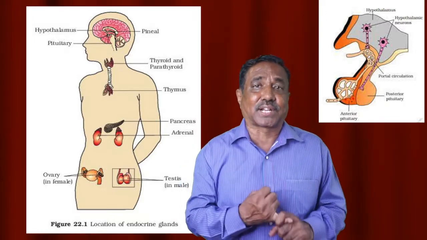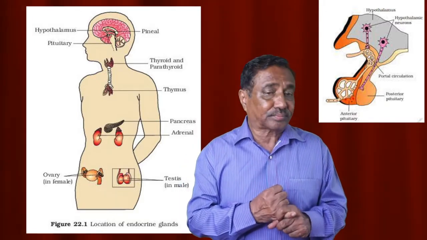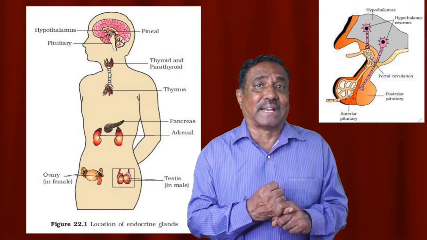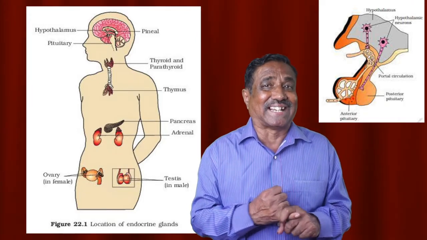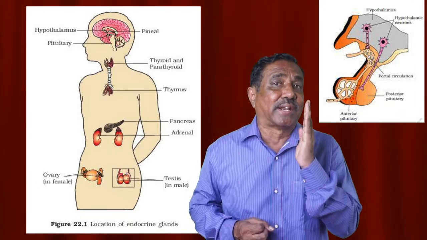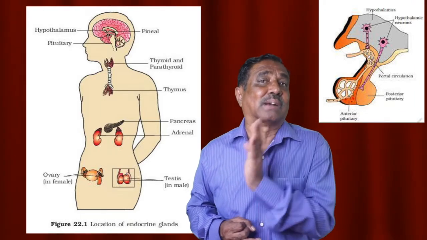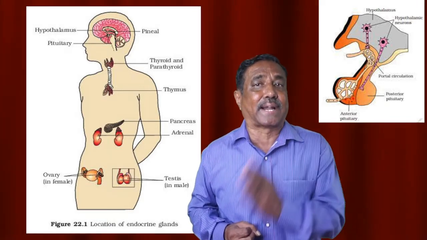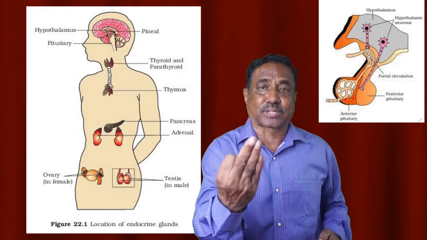And coming to the LH, LH is required for the formation of corpus luteum, and then it stimulates corpus luteum to secrete estrogen. In males it is called ICSH, interstitial cells stimulating hormone. It stimulates interstitial cells or Leydig cells to secrete androgenic hormones like testosterone.